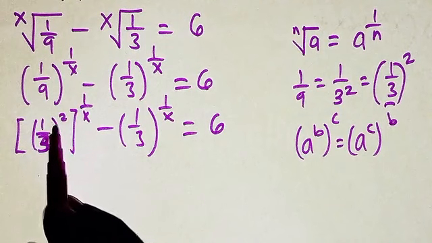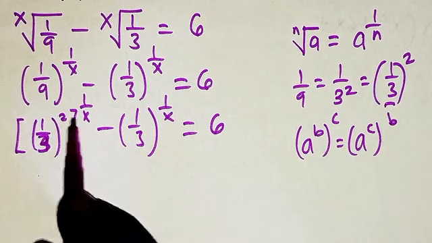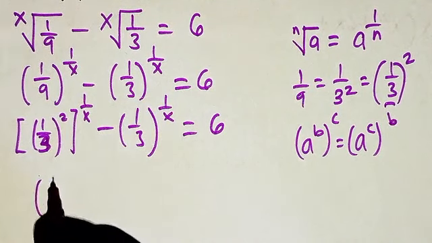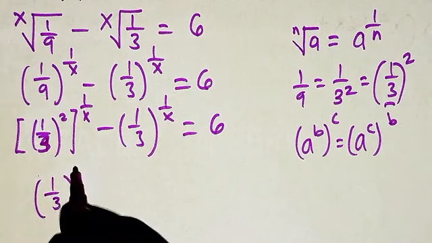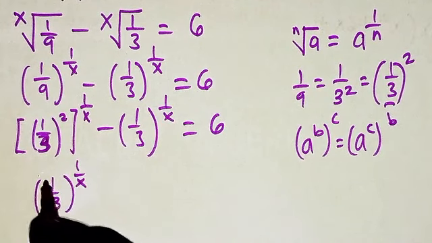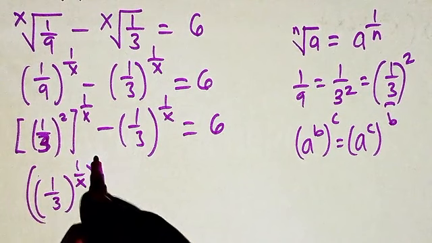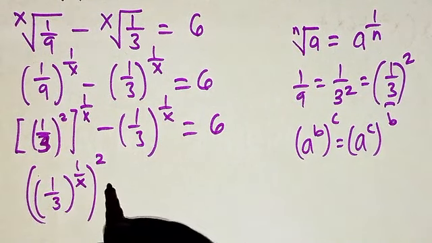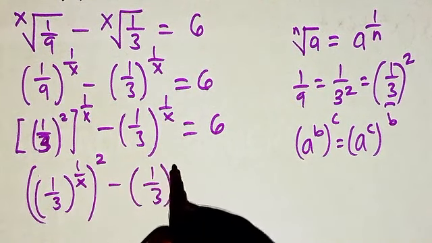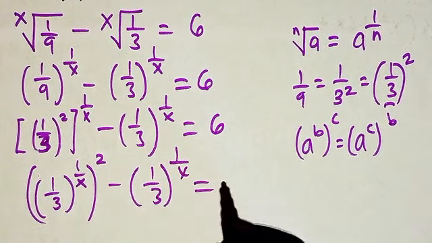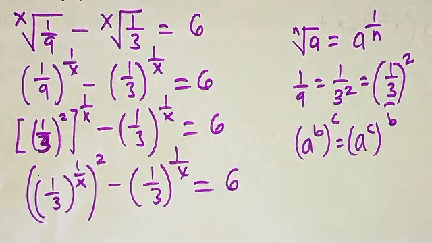So 1 over x will come inside and 2 will go outside. This is what we have: 1 over 3 to the power 1 over x, all squared, minus 1 over 3 to the power 1 over x, equals 6.